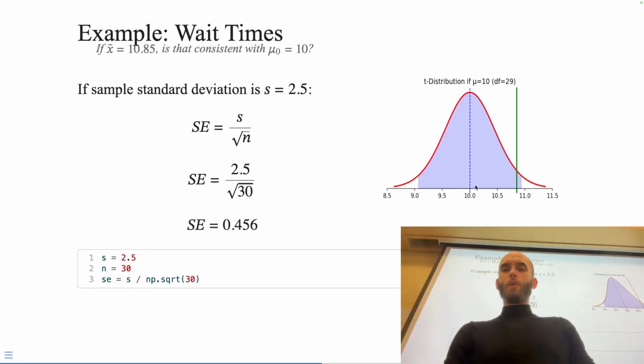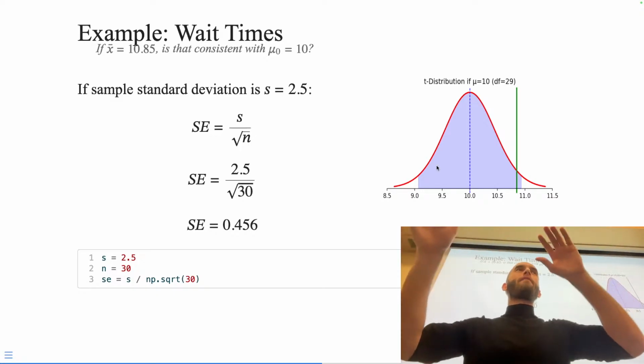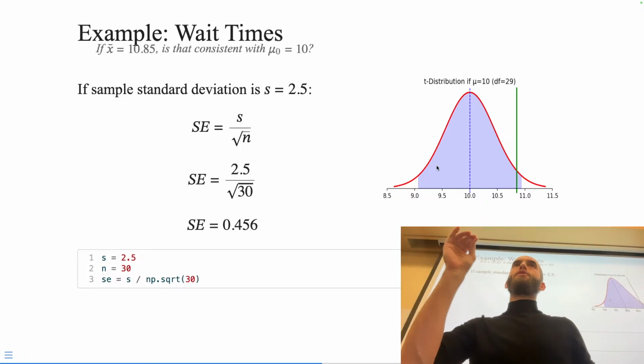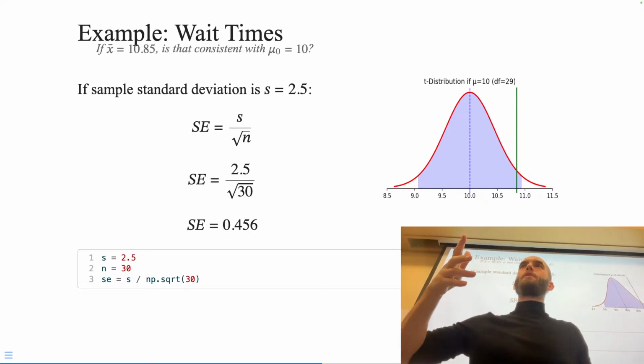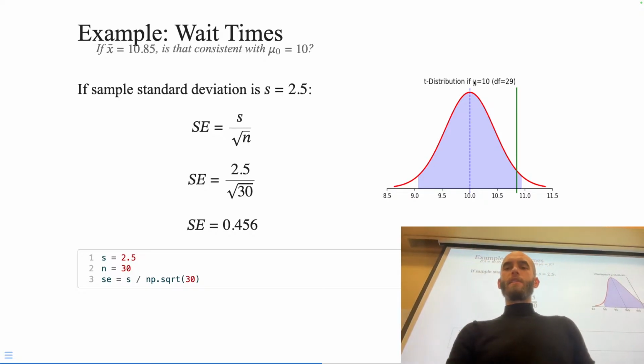We don't have to pick a particular location for the center point of the sampling distribution, so I'm going to center the t-distribution on our particular guess. We're in a world where we're expecting our null hypothesis, our mu0, to be 10. So we center the sampling distribution on that guess.